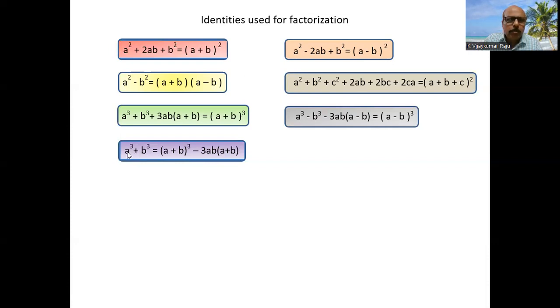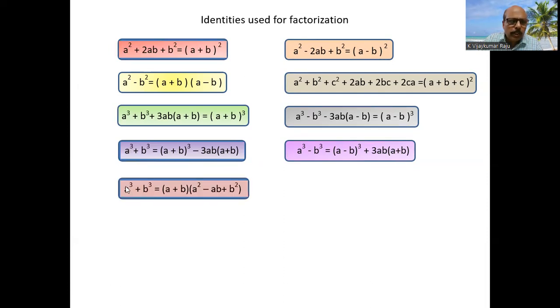So it is the sum of the cubes of two terms, a raised to 3 plus b raised to 3. Similarly, for this identity, we shift this term to this side and you get a raised to 3 minus b raised to 3 is equal to (a minus b) whole cube plus 3ab into (a minus b). This negative term goes to the right side and it becomes positive.